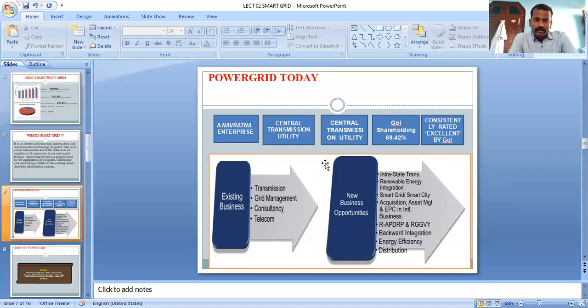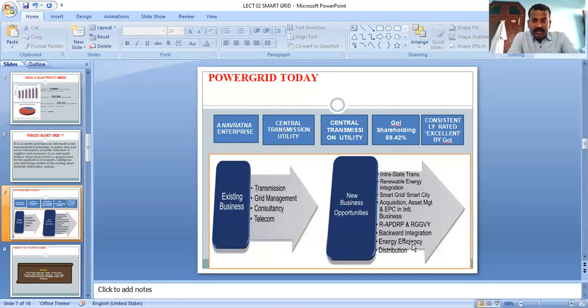Why is the smart city only possible by the smart grid? If there was no proper supply and smart control of the power, then it would not be possible to imagine the smart city, acquisition, asset management, etc.